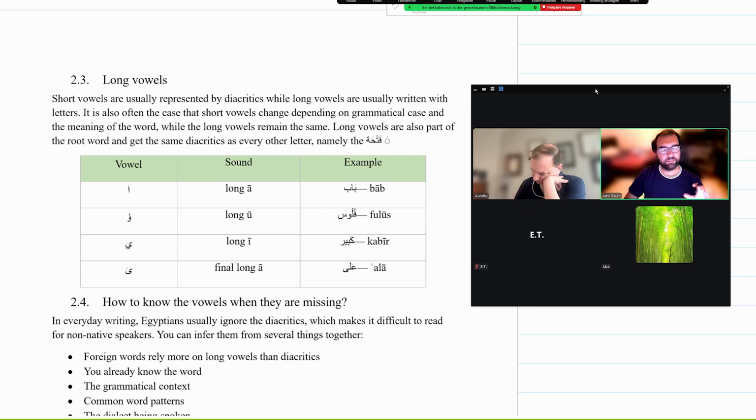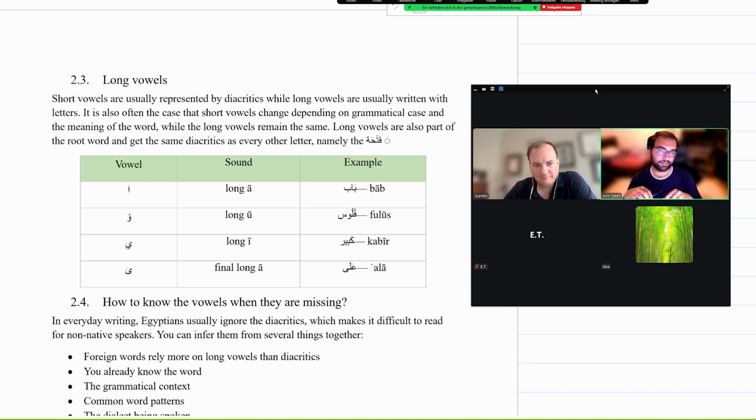That's something that stayed from MSA mostly, where the ending of the word or some of the vowels in the word shift as the word's position in the sentence changes. The written long vowels stay static all the time. If they are in a word, they remain in that word, they never change.